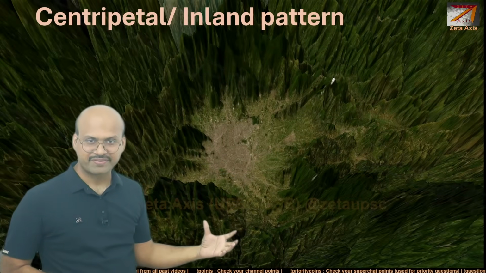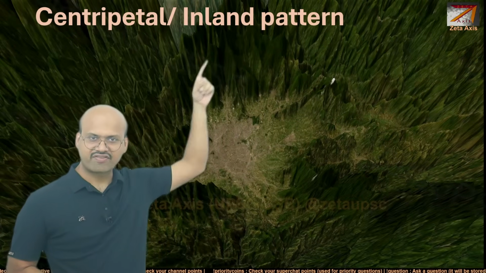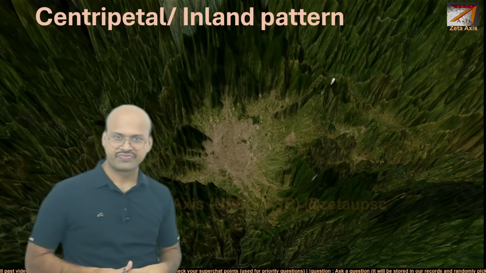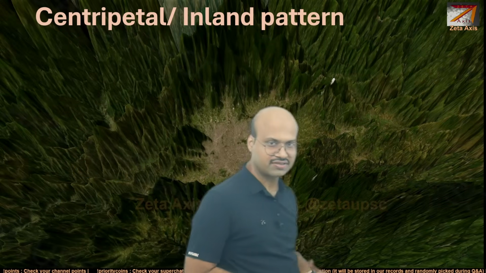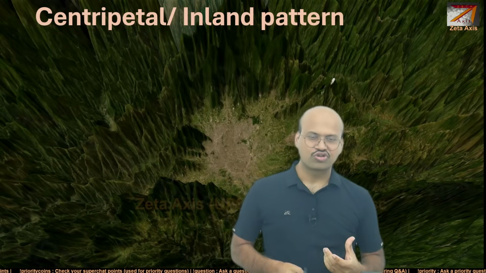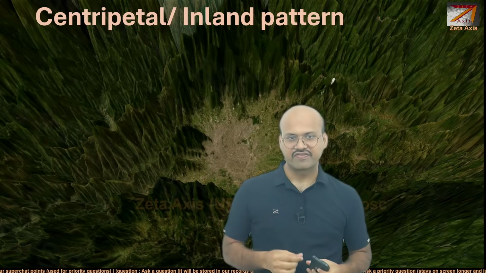Because of these mountains on all the sides, the streams develop on all the sides, and then they descend into the Kathmandu Valley. There are other examples of this. Basically the basin region of USA is also an example of centripetal river pattern.